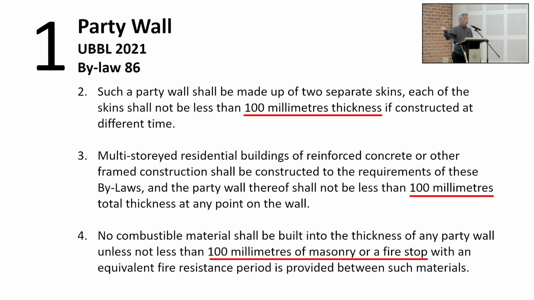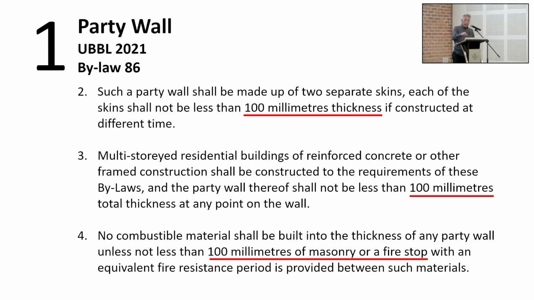If your neighbor has not constructed it, you're only constructing your own wall first. Then, multi-story residential buildings of reinforced concrete or other frame construction, in other words, integrated construction, when you're building the thing at one time for multi-story buildings, the party wall thereof shall not be less than 100 millimeters total thickness at any point in the wall.